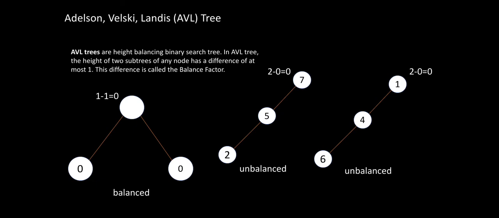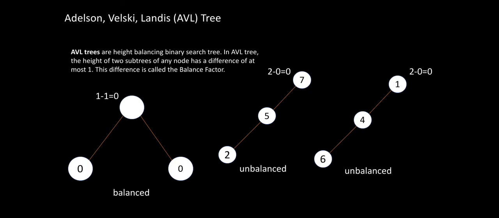The AVL tree is a self-balancing binary search tree. It falls in the category of the binary search tree, but with an additional property: the difference of height between the left and right subtrees cannot be more than 1. The height of the two subtrees of any node has a difference of at most 1. The difference is called the balance factor.